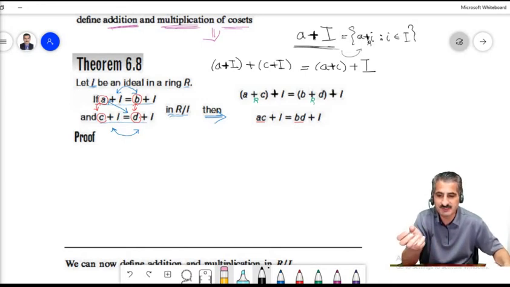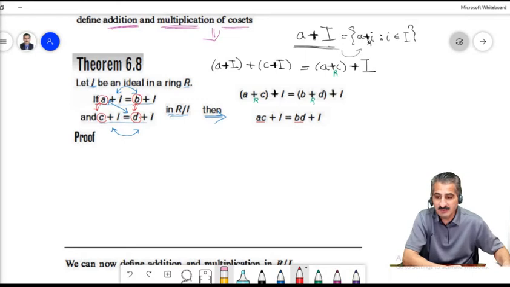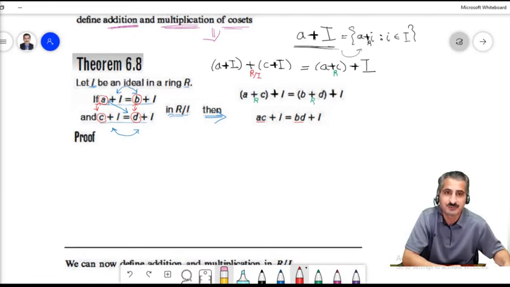It is just to denote a coset. But this addition in here, as we said, is the addition of the ring R, because A and C are elements of R. But now this addition in here is what we are defining as addition for the quotient ring that we will produce. So this addition here is defining the new operation that we will use to add cosets.